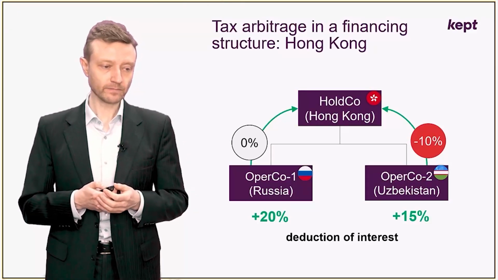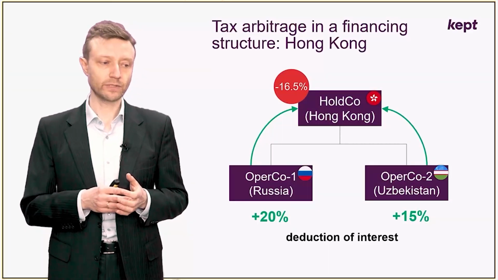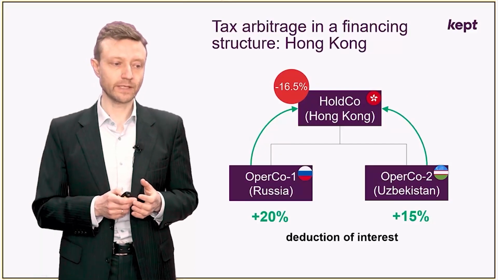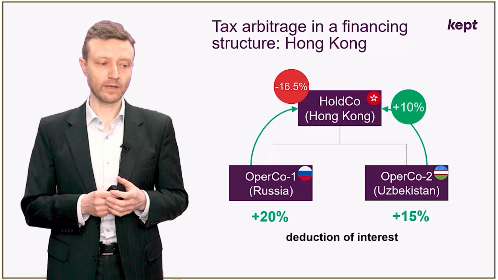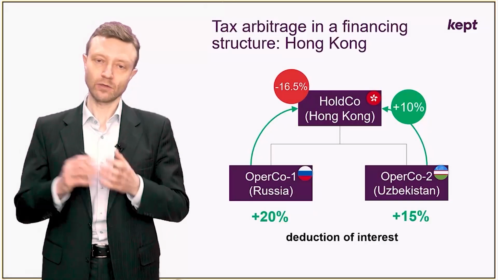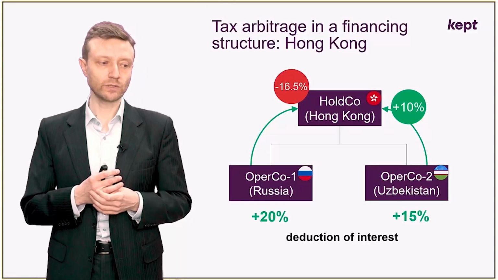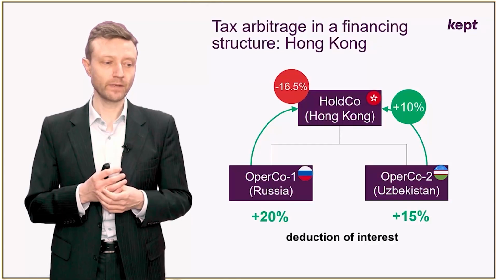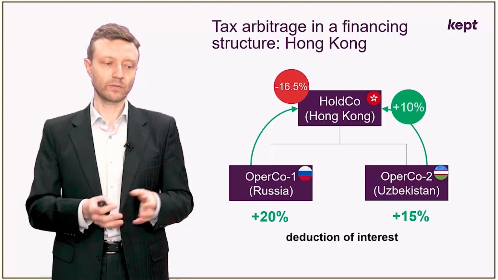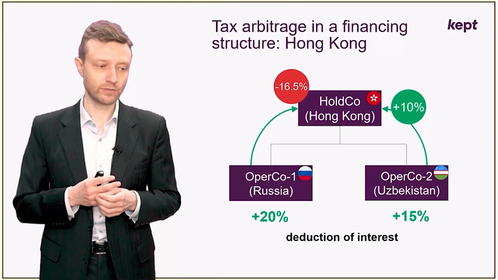And finally, in Hong Kong, this interest is going to be taxed, or let's assume that in this case it's going to be taxed, and then the withholding tax in Uzbekistan can be credited, hopefully, against Hong Kong corporate income tax liability. What we end up with is that we save on the Russian part of interest payments, because we save 20% and lose only 16.5% of the interest amount.